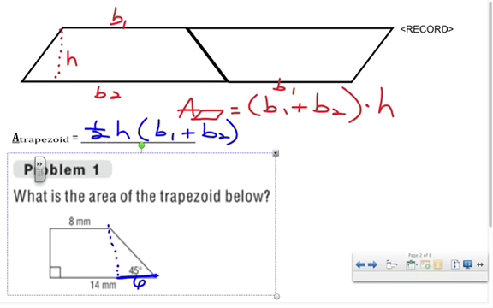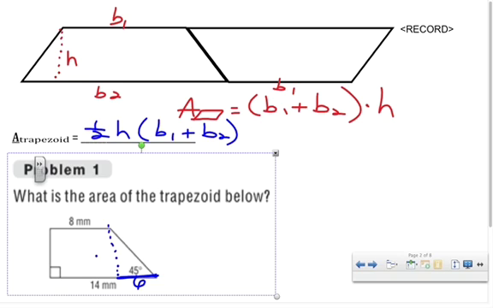Okay, so if this is a 45, 45, 90, and this leg is 6, the height of that 45, 45, 90, what is it in the 45, 45, 90? In other words, the height of the trapezoid is what? A leg or a hypotenuse of the 45, 45, 90?